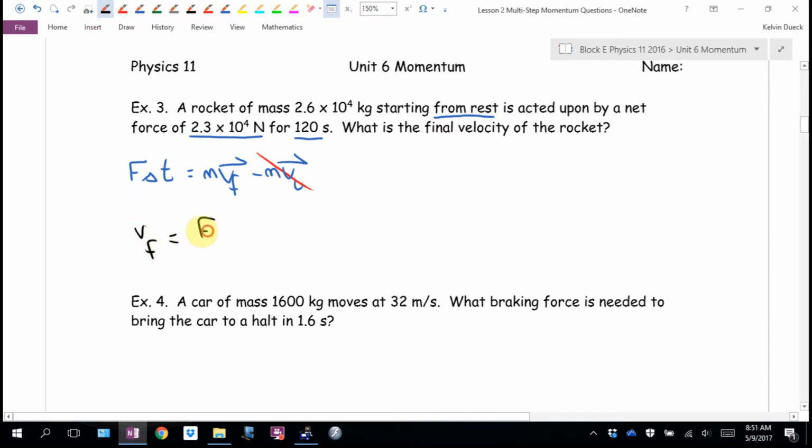It's going to be the force times the time divided by the m. Force, 2.3 times 10 to the 4, time, 120 seconds, divided by the mass, 2.6 times 10 to the 4th.